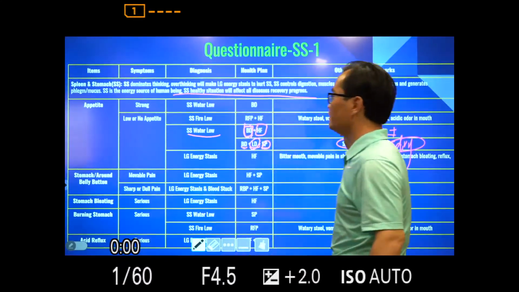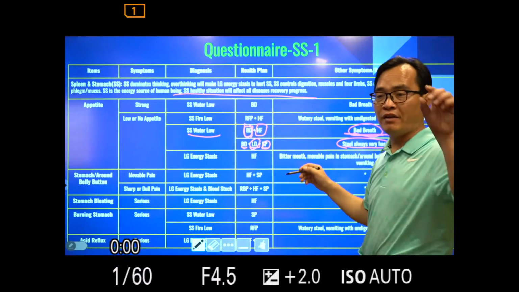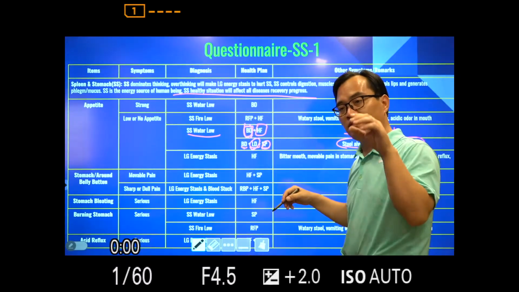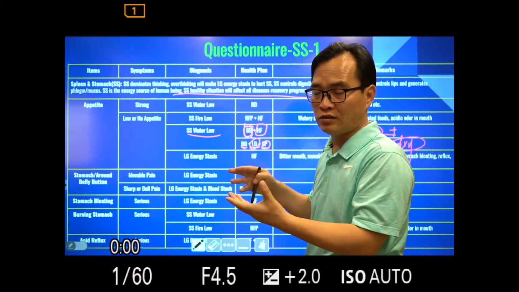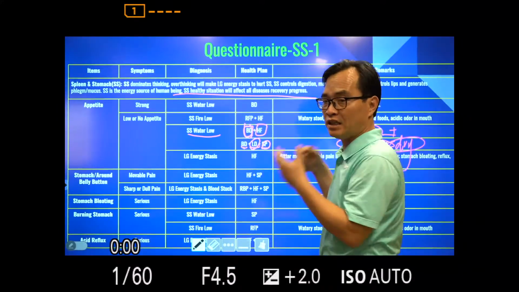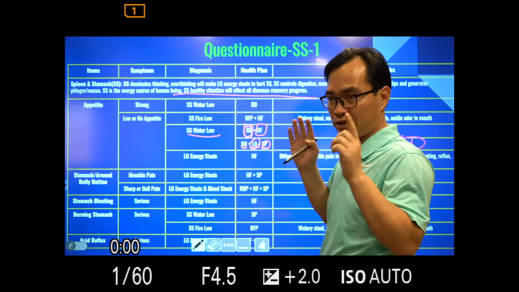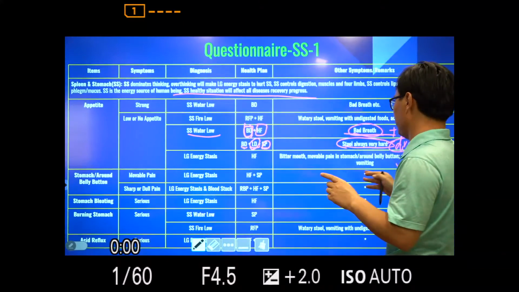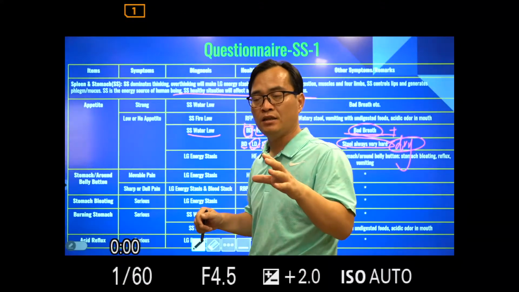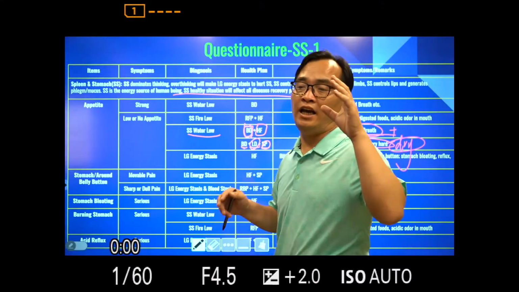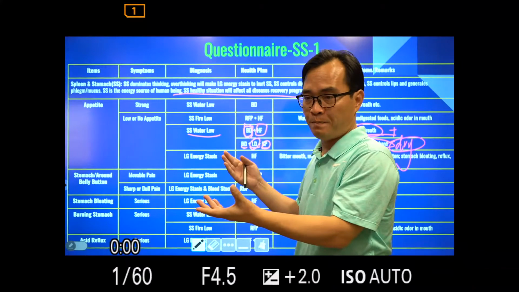So when we're dealing with any kind of problem, we have to consider the SS function. We cannot, just because we are cleaning the hot toxins and breaking the interstices for people who have serious constipation, not care about the SS system fire energy. It can clean, but it cannot clean to excess.